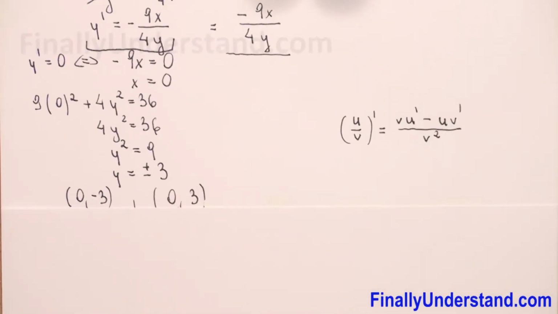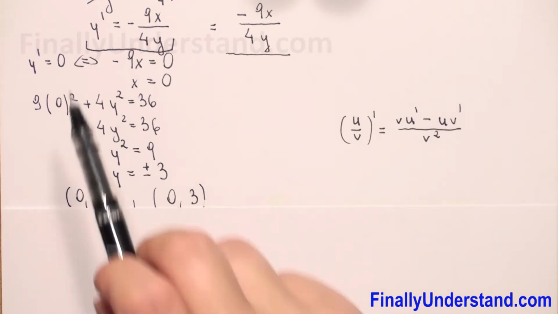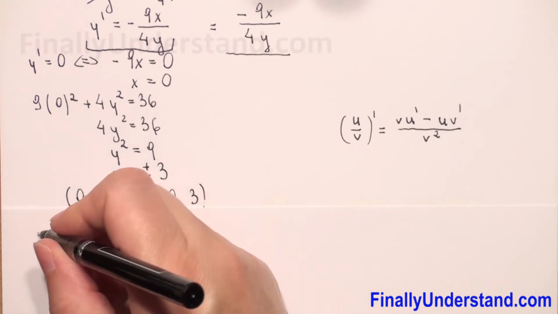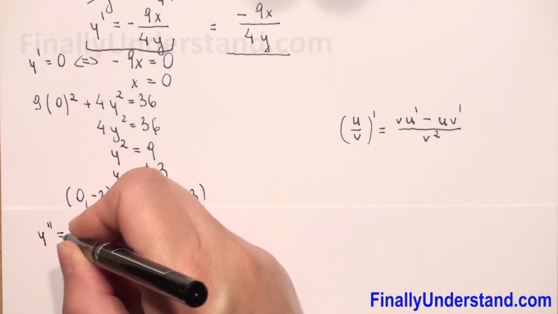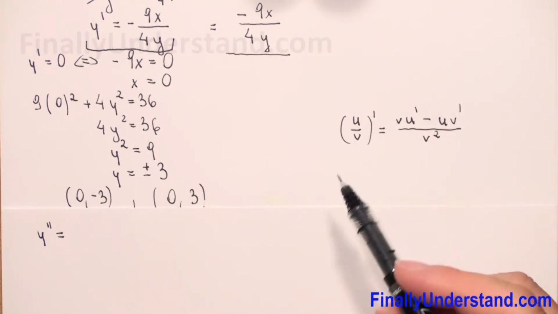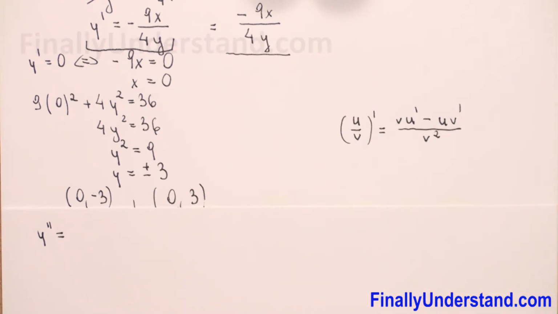So we have critical points. Now to find maximum and minimum points we will use second derivative test. It means we have to find first second derivative. It means we have to find the derivative of our first derivative. So y double prime is equal, we have to use quotient rule, and don't forget to treat y as a differentiable function of x.